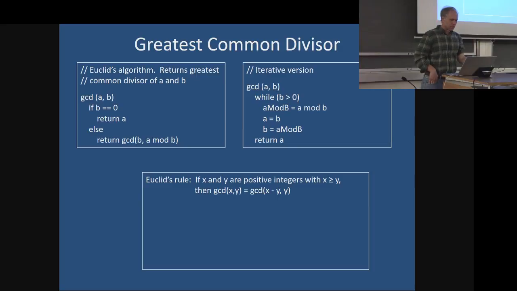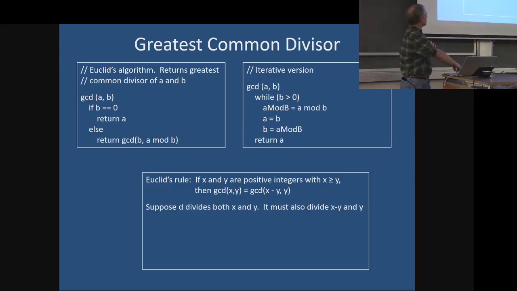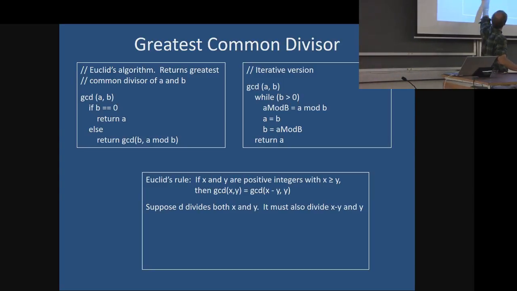Okay, so let's look at the proof of that. We want to prove that these two things are the same. First step, suppose D divides both X and Y. It must also divide both X minus Y and Y. Okay?